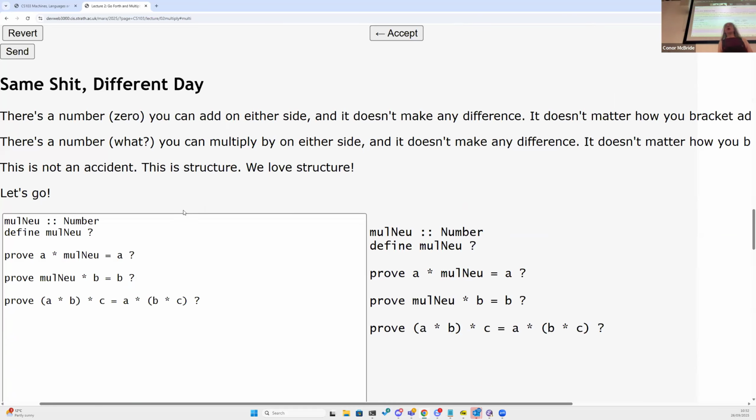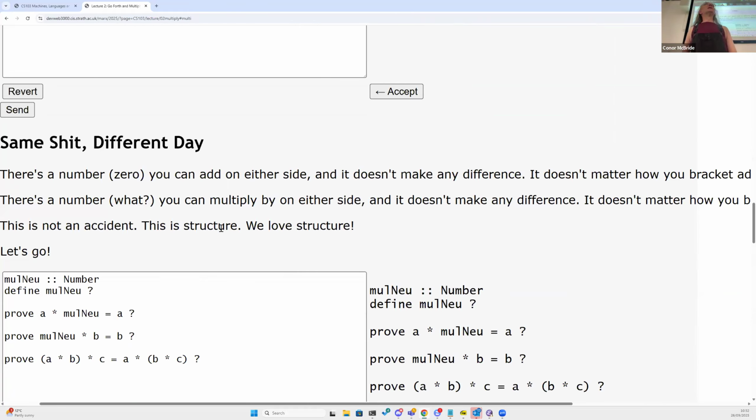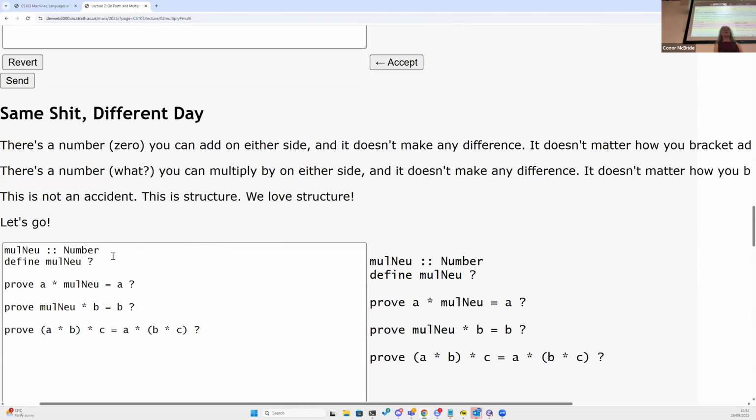When we defined adding, we noticed that there was a very particular number that did nothing when you added. Can you think of a number which does nothing when you multiply? Fantastic. So we call this the neutral element of whatever the operation is.